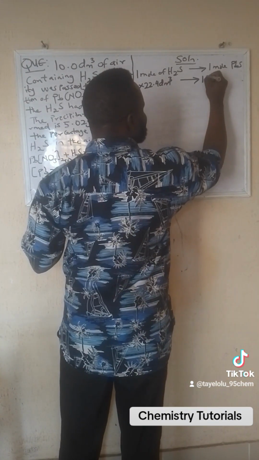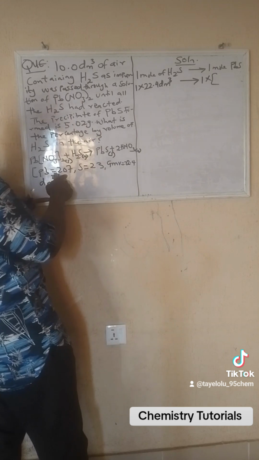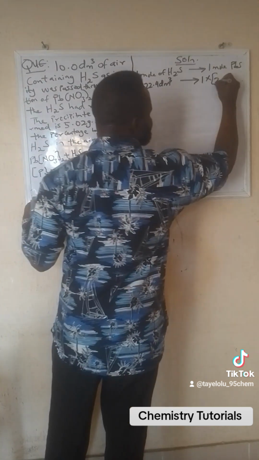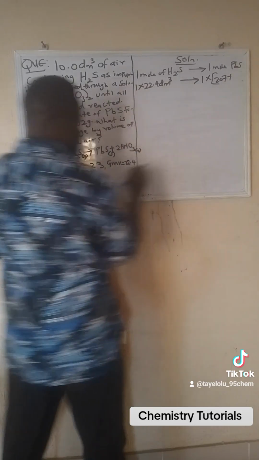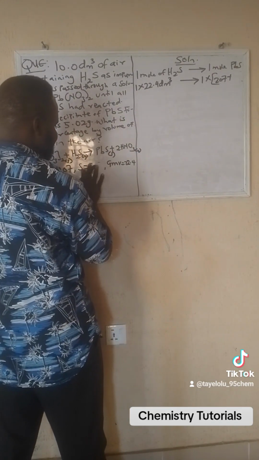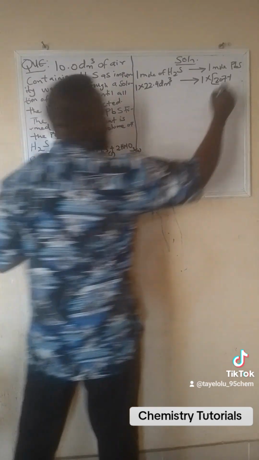Which will also be 1 multiplied by 207, that is the relative atomic mass of lead, plus that of sulfur, which is not 23, it is 32. I beg your pardon, 32, that was an error there.